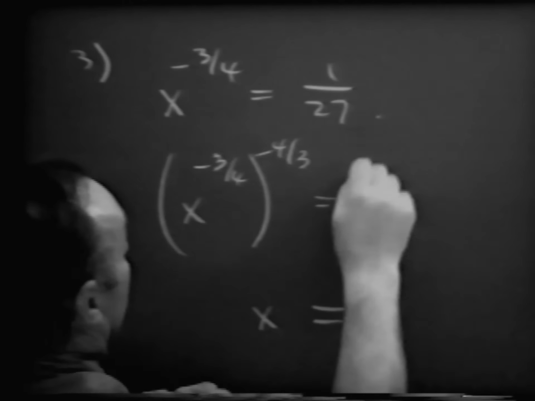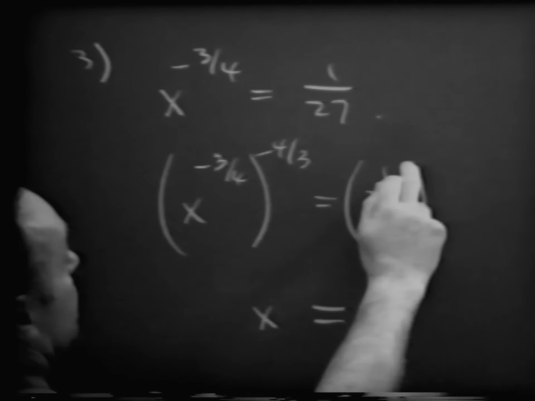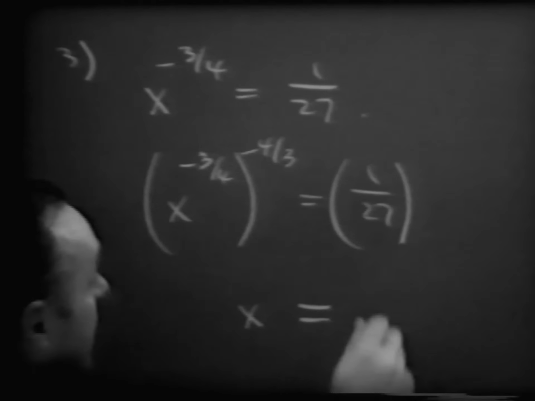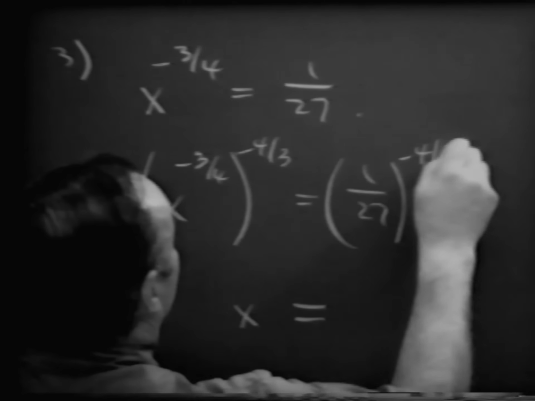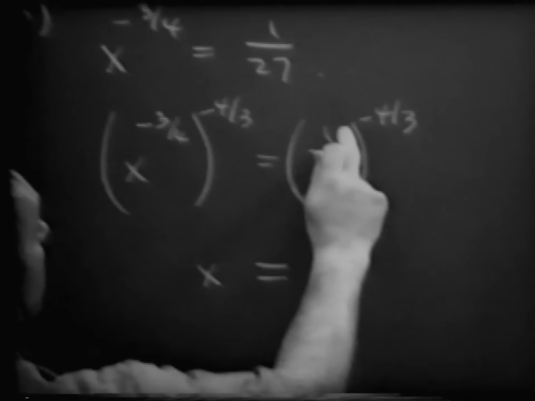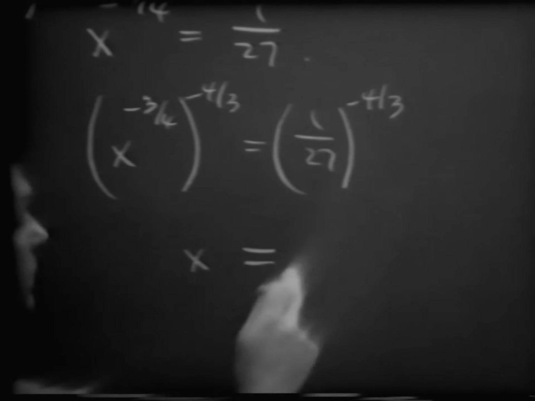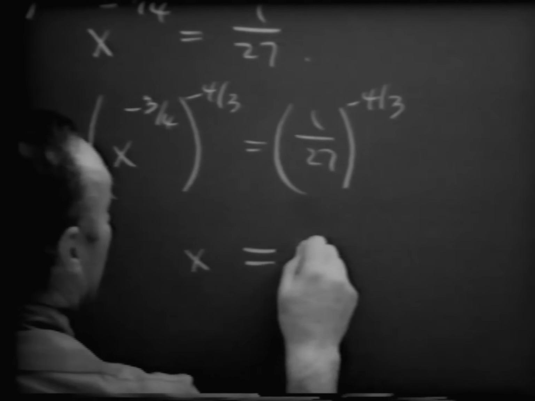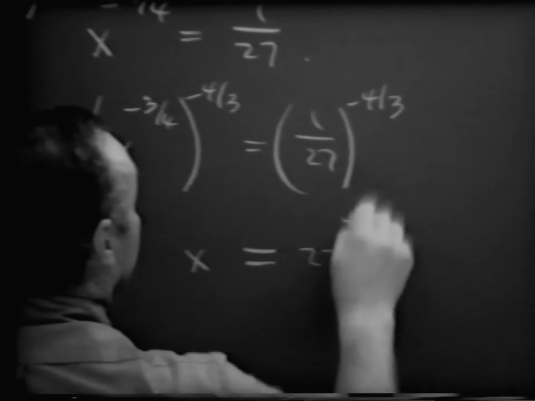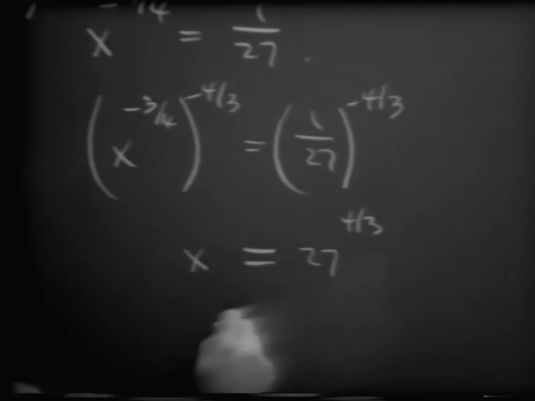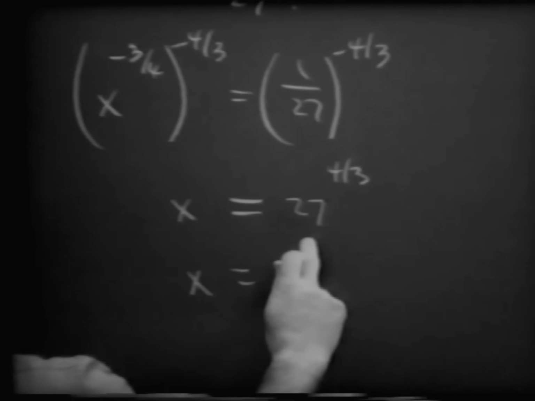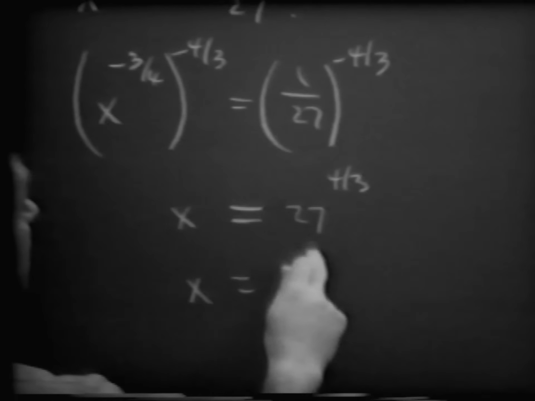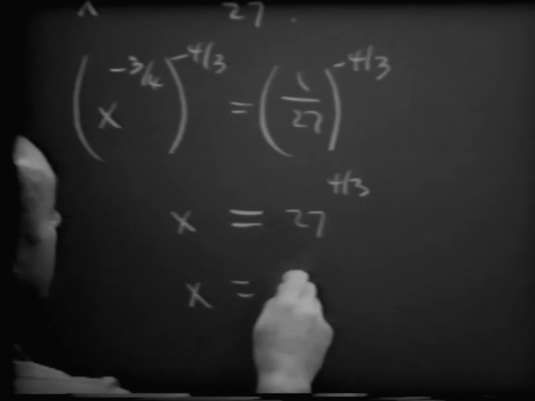Is that right? And so we then must raise 1/27 to what power? To the negative 4/3. Well, 1/27 to the negative 4/3 is what number? It's 27 raised to the what? To the positive 4/3. Is that right? And now, using our definition, we may write this as what? This is then what?